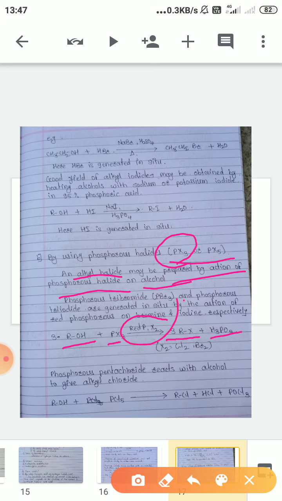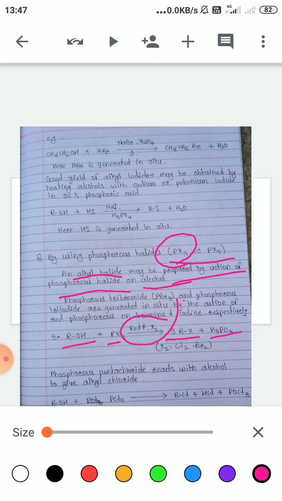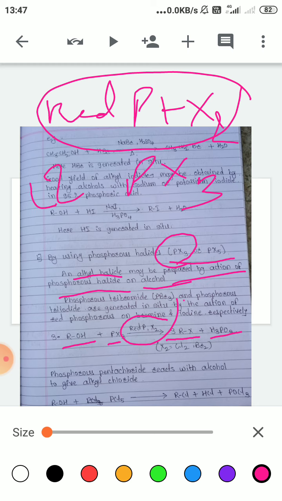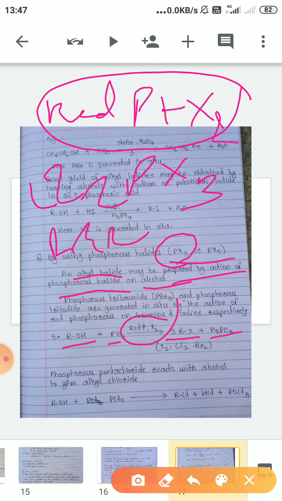And here this PX3 is prepared by red phosphorus and X2. By the reaction of red phosphorus and X2 we prepare PX3, and here X2 is nothing but Cl2 or Br2, chlorine or bromine.